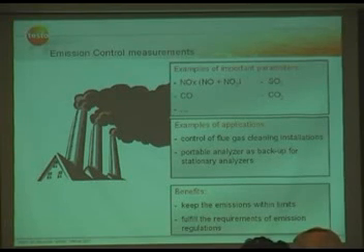If users can show that their performance is as good as a reference analyzer, we will allow them to use a portable analyzer using alternative sensors for showing compliance.